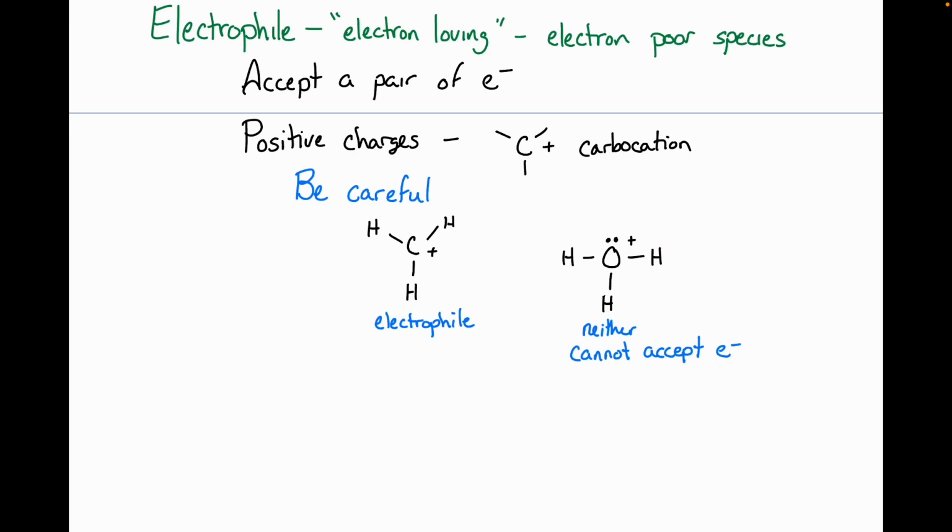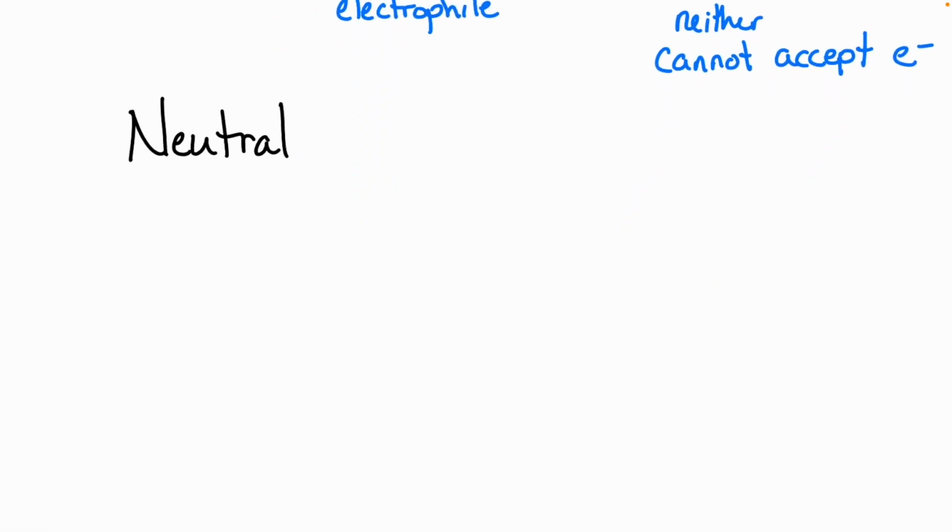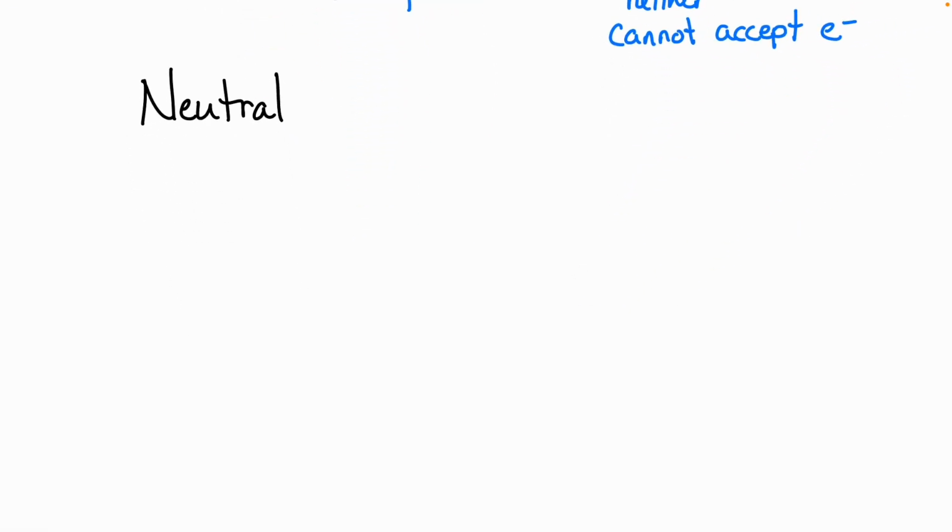Okay, we will also see some neutral electrophiles, never negatively charged, but we will see some neutral electrophiles. But they're always going to have some same common features here. Okay, so one example of a neutral electrophile would be a carbonyl bond.